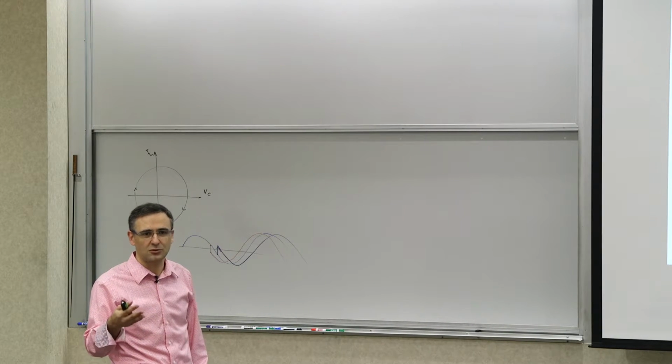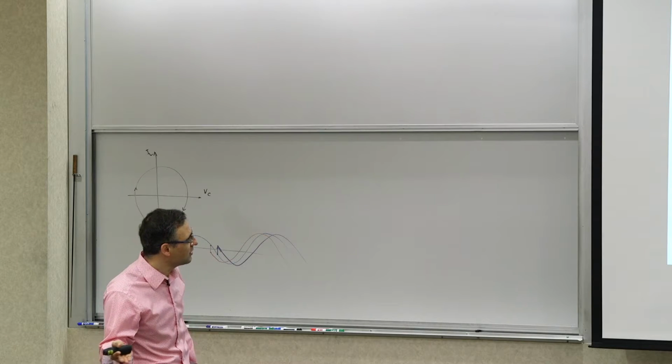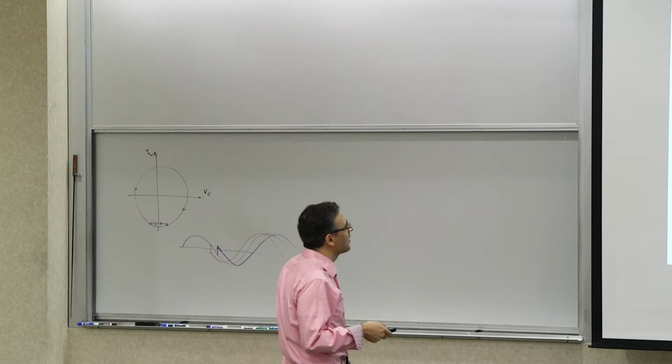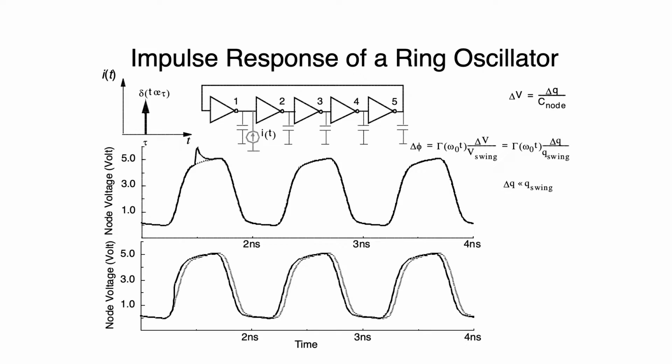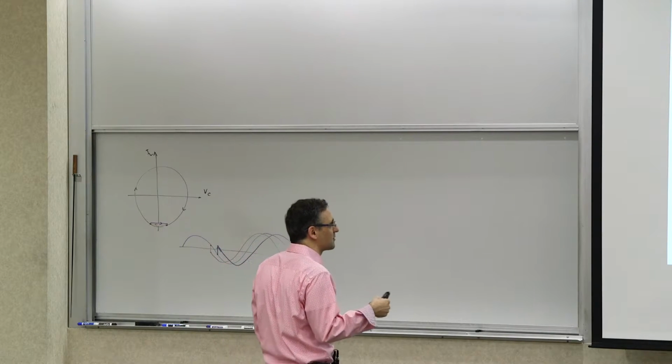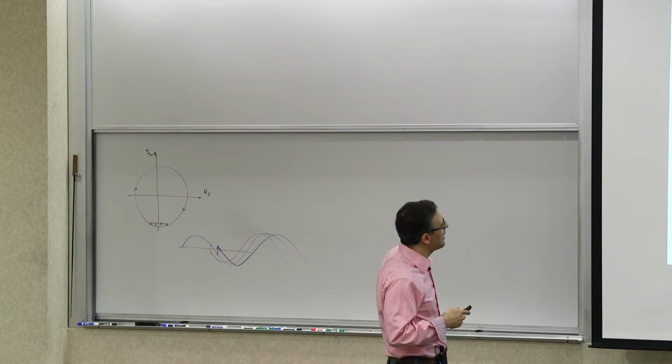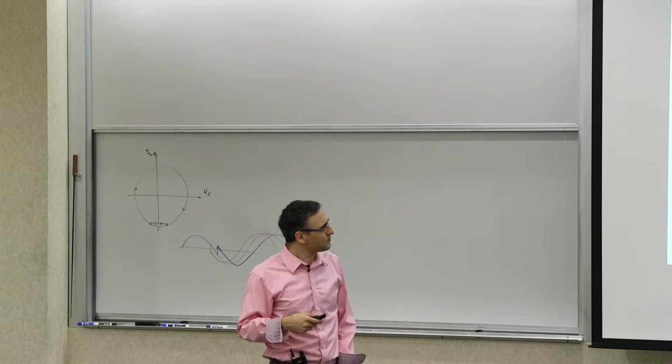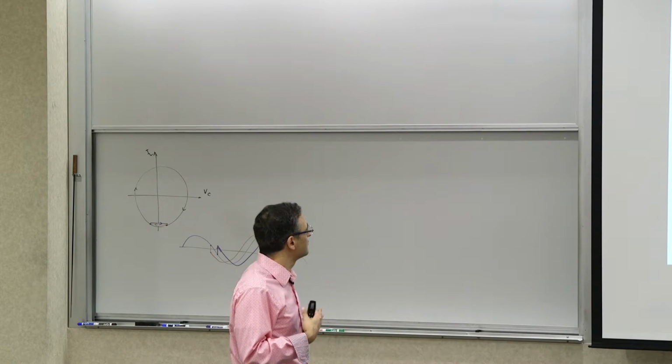So it makes sense to call it the impulse sensitivity function, or ISF for short. In this example it would be larger during these transition times, and small during the times when the stage is saturated to one side or another for this node. Each node, or more accurately each source, will have its own impulse sensitivity function.